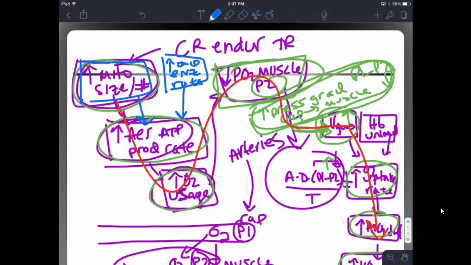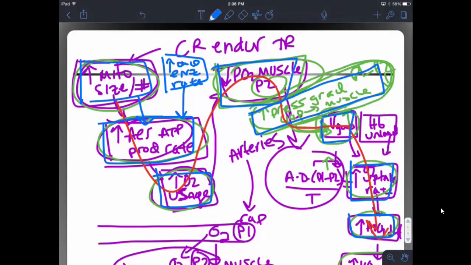More mitochondria, bigger mitochondria, faster aerobic enzymes, more aerobic ATP, more oxygen usage. The PO2 in the muscle is going to drop more. The gradient between the capillary and the muscle is going to be greater, which means V gas is going to be greater, greater uptake rate, greater AVO2 difference, greater VO2max.